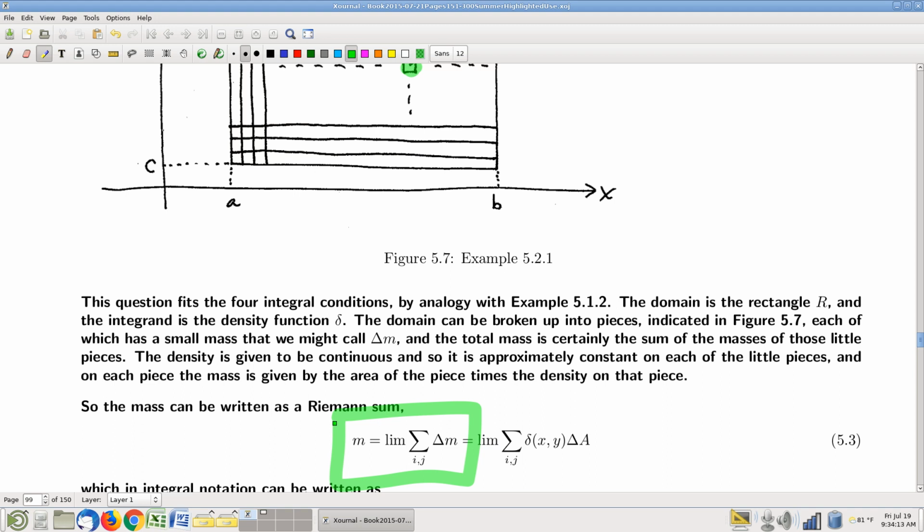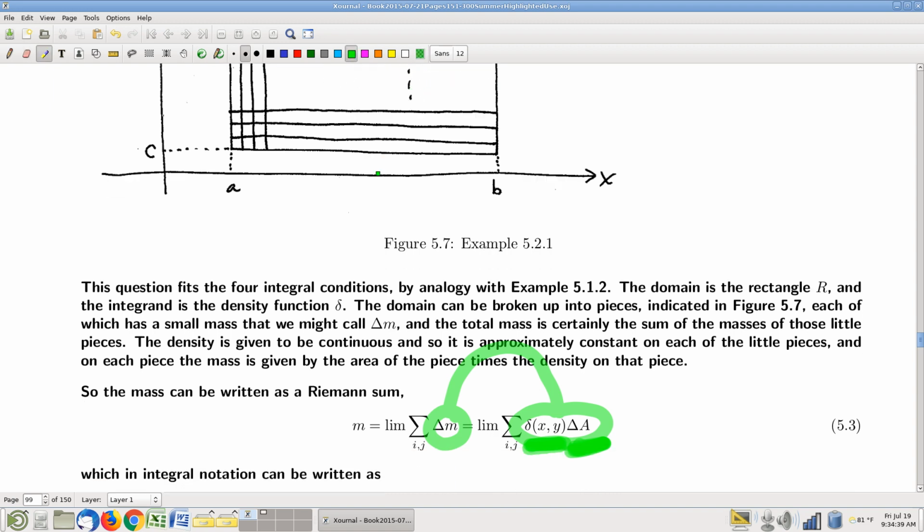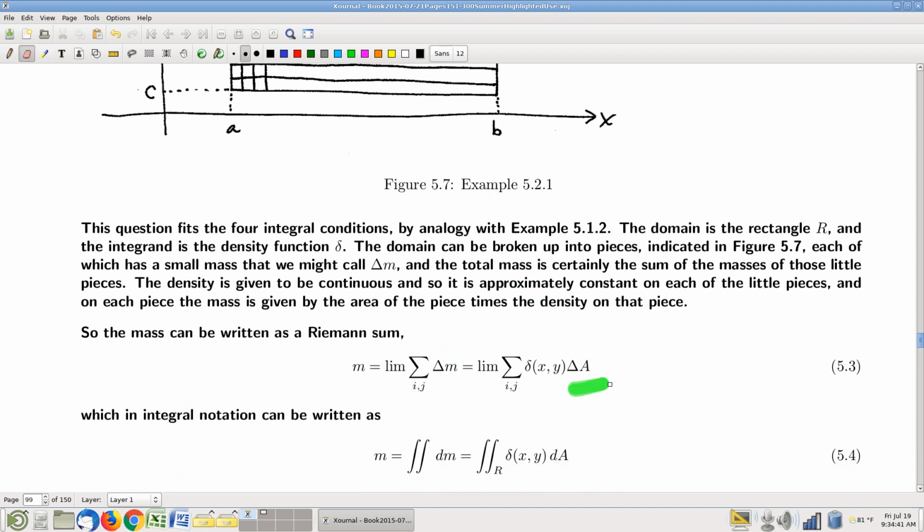And then I would observe that, furthermore, the quantity in question is a product, just like we talked about last time. Specifically, it's a product of some function appropriate to the application, in this case density, times the size of the piece, in this case area. Having observed that, notice that my result is exactly an integral.